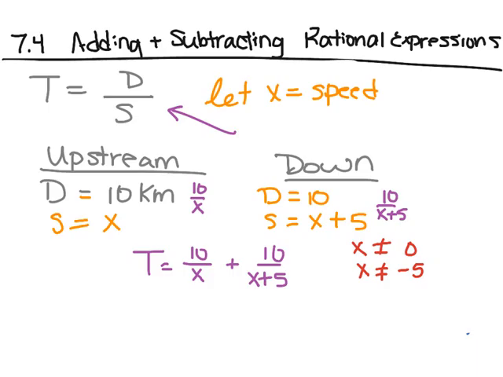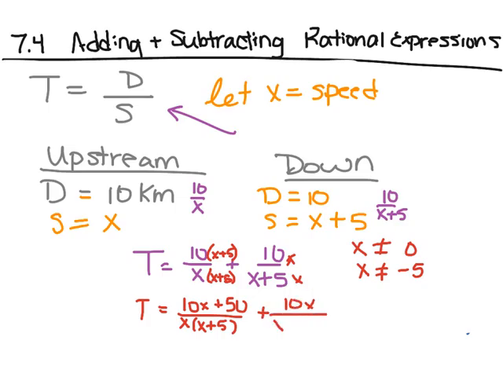So we're going to multiply this side by x plus 5, and this side by x. So we should be left with t equals 10x plus 50 over x plus 5 plus 10x over x plus 5, which simplifies to be 20x plus 50 over x plus 5.